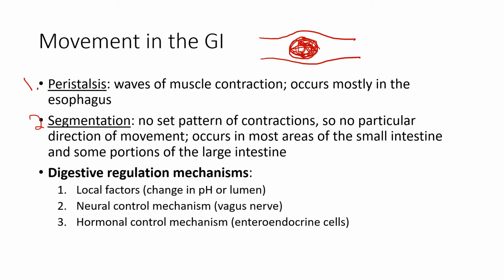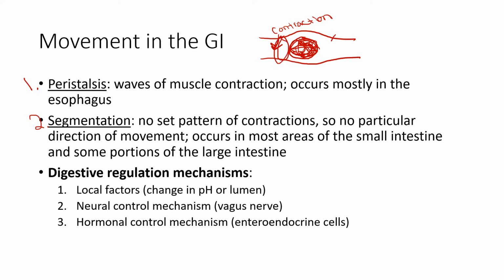is going to need to move down your esophagus, and how this works is you're going to have a contraction behind this bolus of food. So that is going to squeeze.